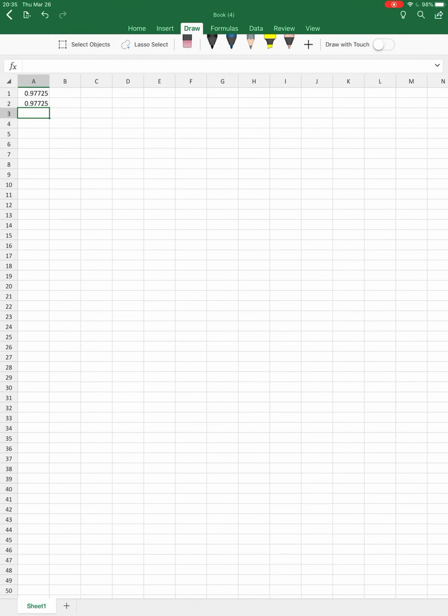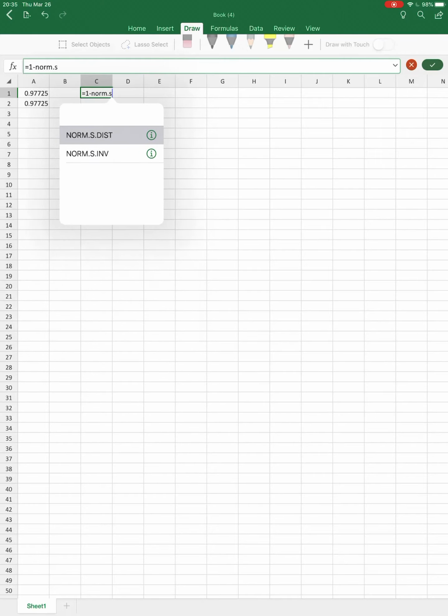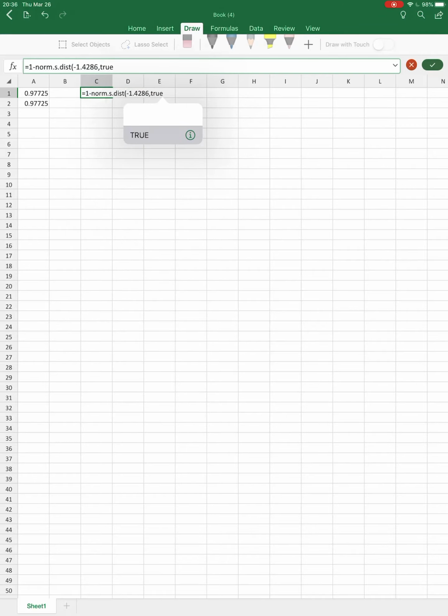So going back to Excel, I'm going to go into a different column. If I want to do this all at once, I can hit equals 1 minus norm.s.dist. We enter our z-score, negative 1.4286, comma, true.